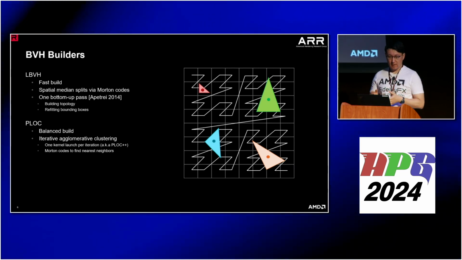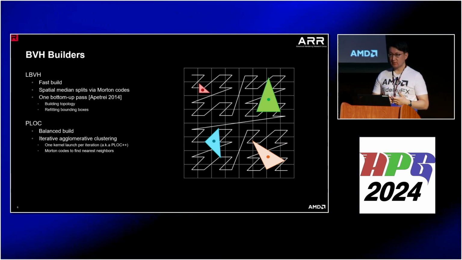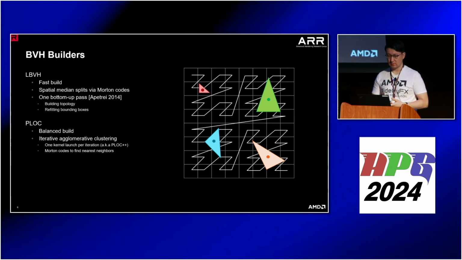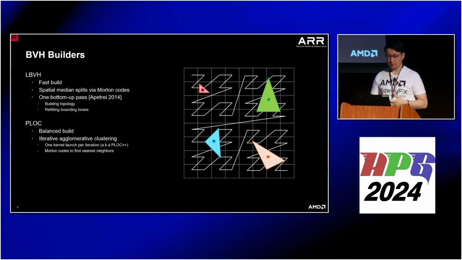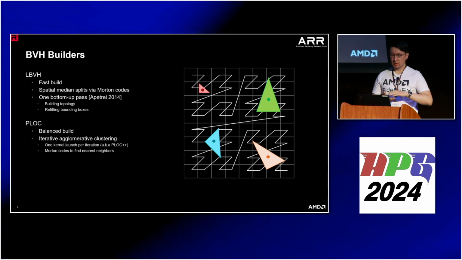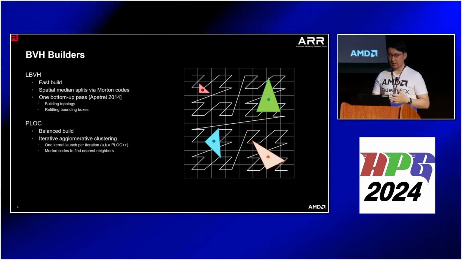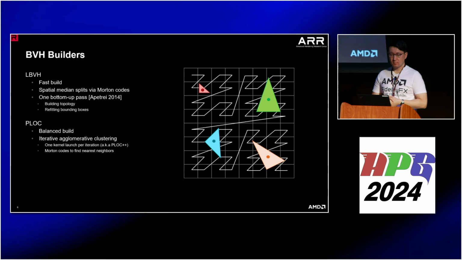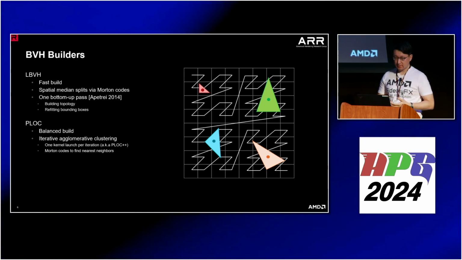And after the sorting, we can easily extract this implicit BVH given by this sorting in a single kernel launch. But the quality is not that good because we don't optimize the surface areas of internal nodes at all, not explicitly at least.